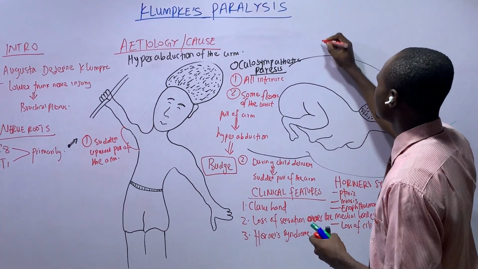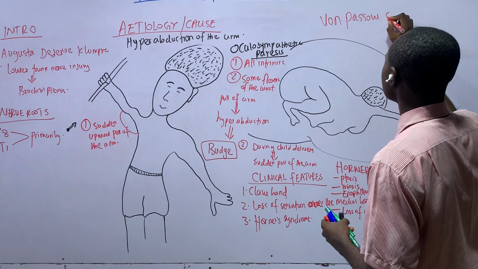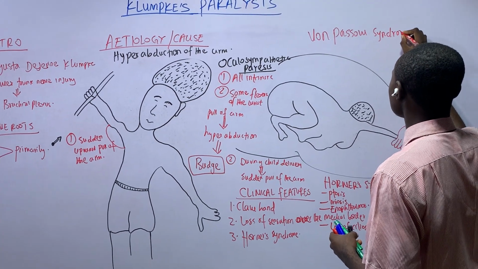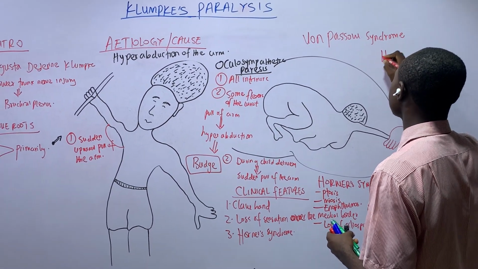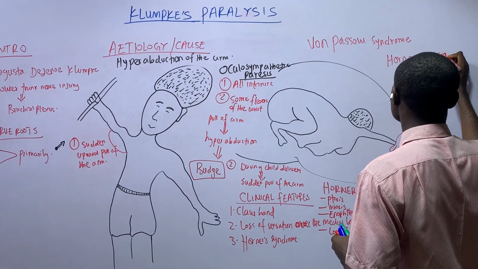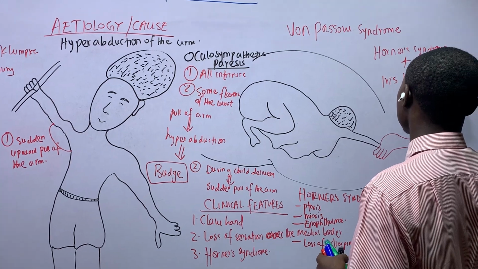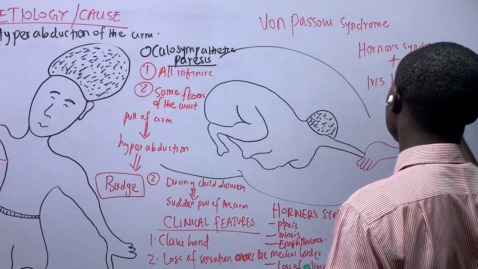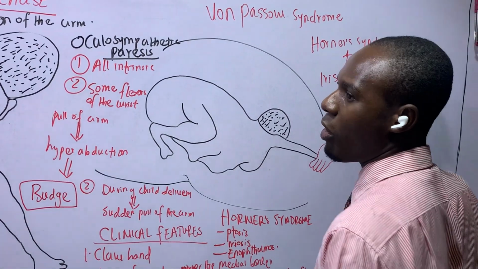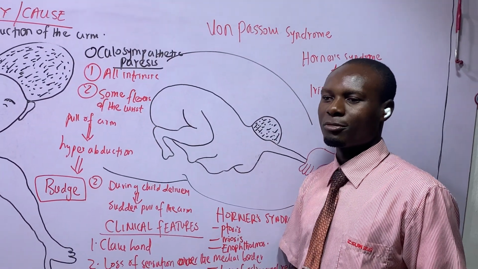So von Passow syndrome is Horner syndrome plus iris heterochromia, or heterochromia iridis.